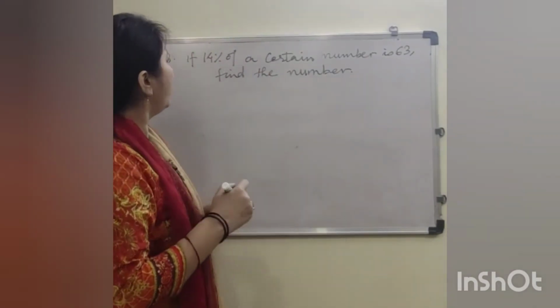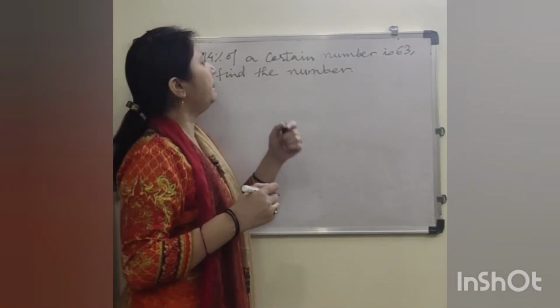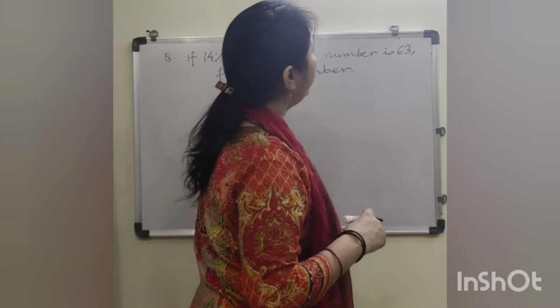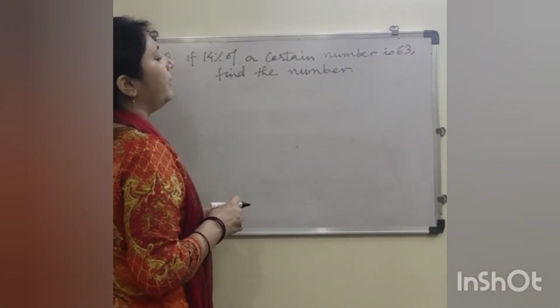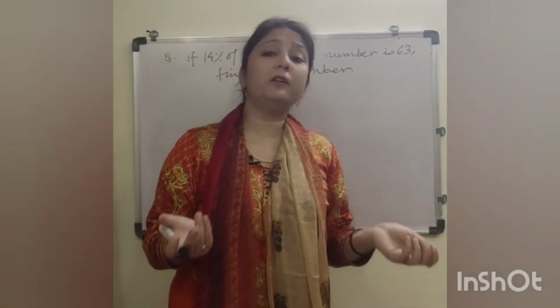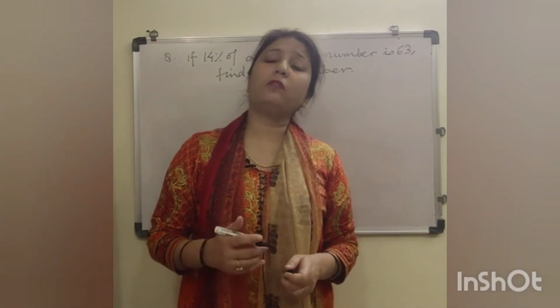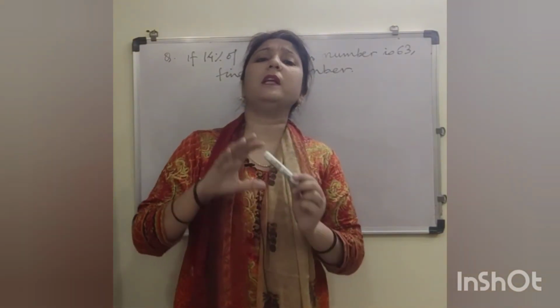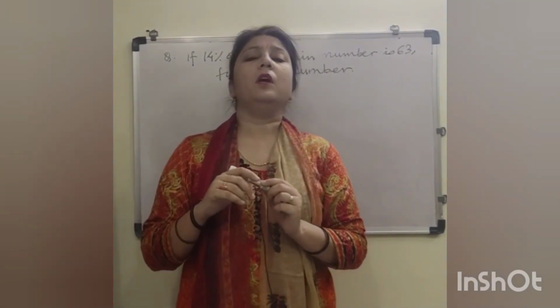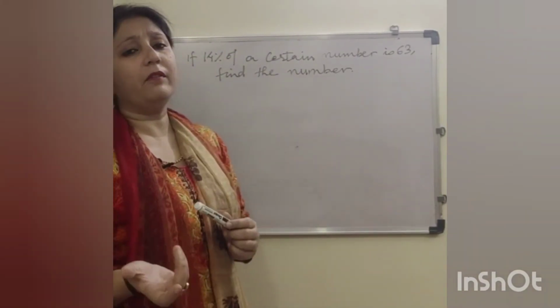Now a word problem. If 14% of a certain number is 63, find the number. The number is not known to us. What we are told is that 14% of a number is 63. So when we don't have the number, what can we do?